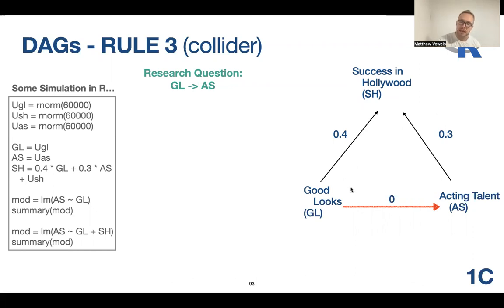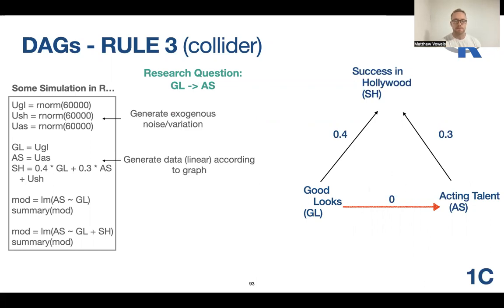It's kind of like explaining it away. If you're good looking and you're successful in Hollywood, you're less likely to also be a good actor. Or if you're a good actor and you're successful in Hollywood, you're less likely to also be good looking. So it's really about the confluence of multiple things at the same time. You're less likely to be both of these things. So you induce this negative correlation between them.